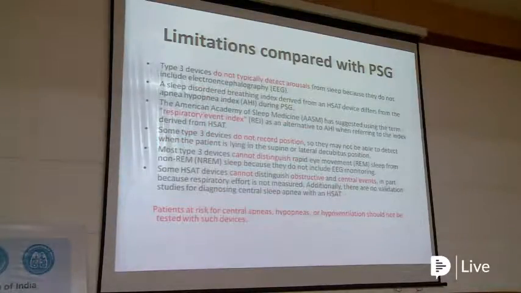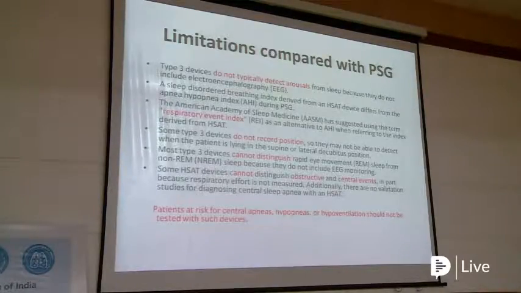There are certain limitations, some of which I mentioned. Compared with PSG, type 3 devices typically do not detect arousals from sleep because they do not include EEG. As I mentioned earlier, it is a respiratory event index because it uses total monitoring time, not total sleep time.